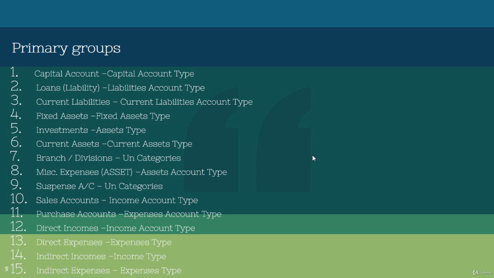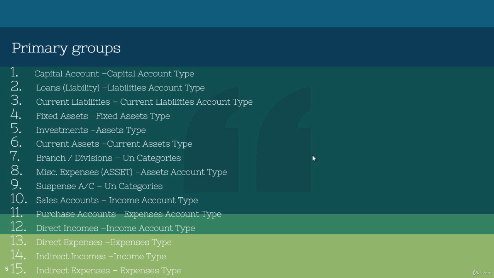The first one is the capital account, under the capital account type. The second one is loan liability. We can say that's a liabilities account type, based on the account types I have informed you about. Then current liability is a current liability account type. Fixed assets type.